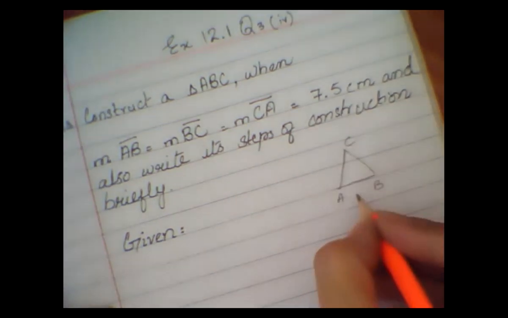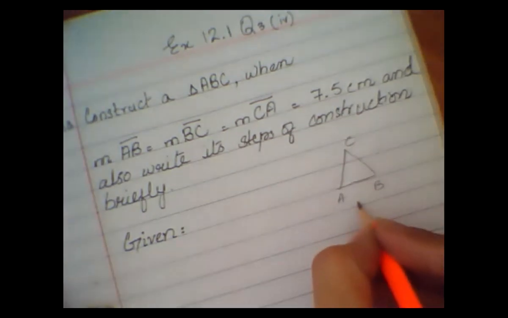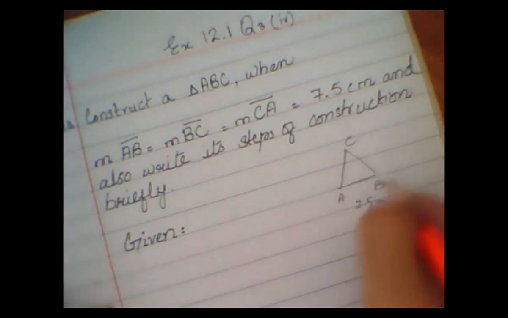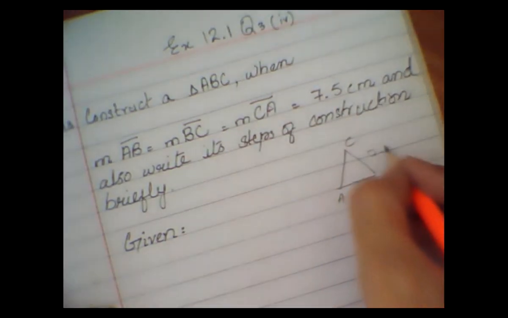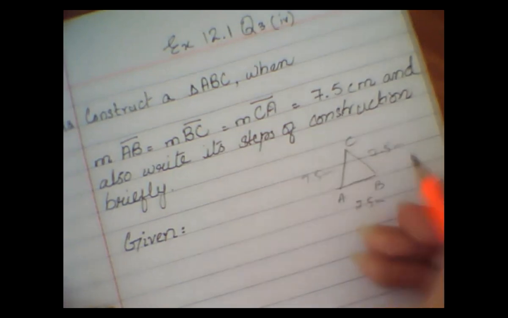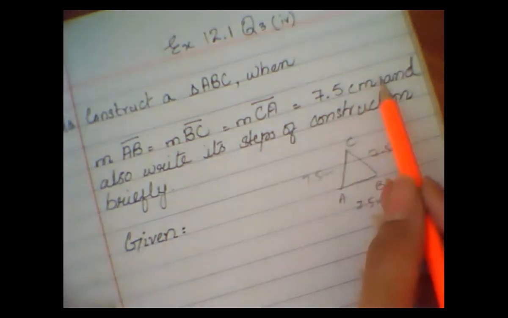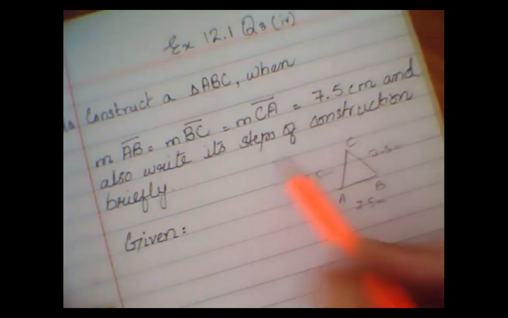AB is given in this question as 7.5 centimeter, BC is equal to 7.5 centimeter, and AC is equal to 7.5 centimeter.